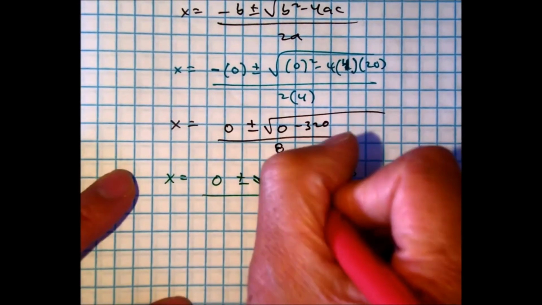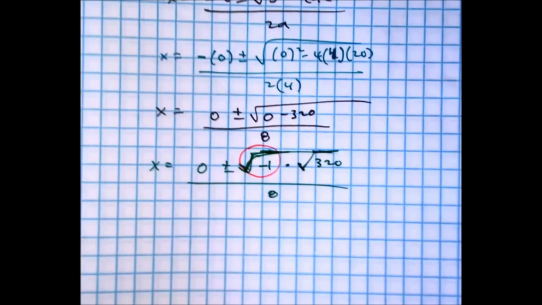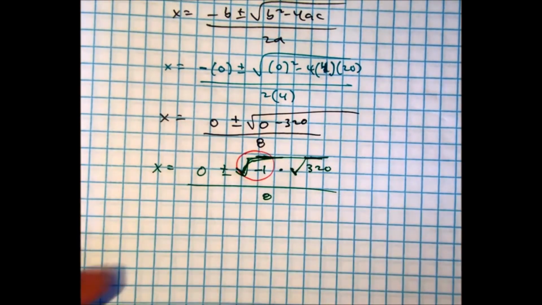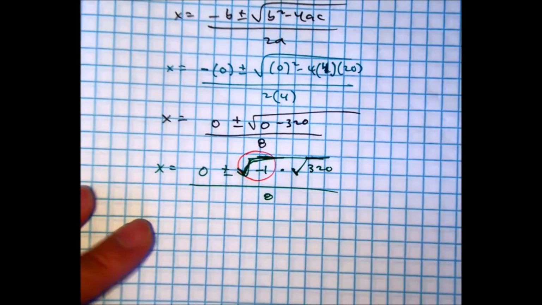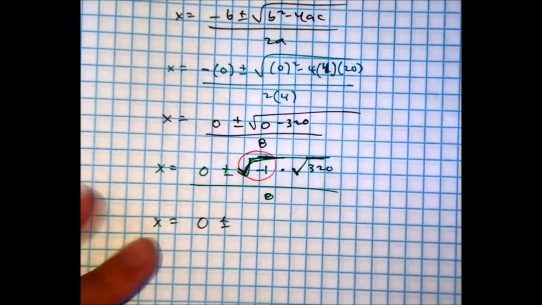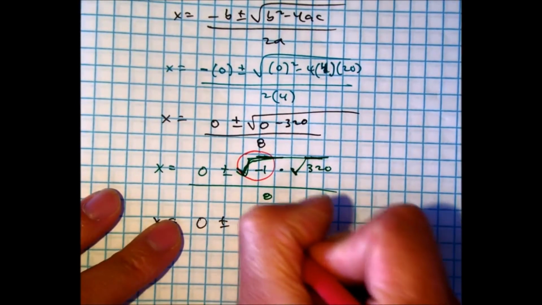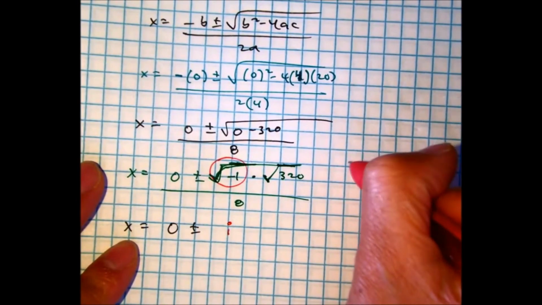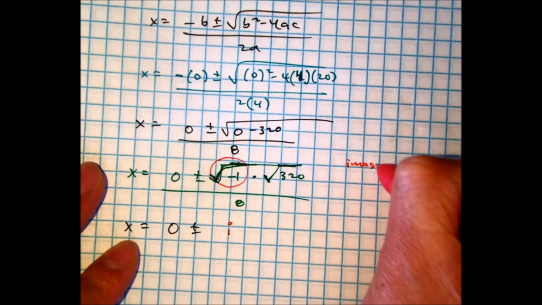So class, this one becomes, what did Pirate say? I. 0 plus or minus I. So if you didn't know that, write on the side, imaginary numbers.